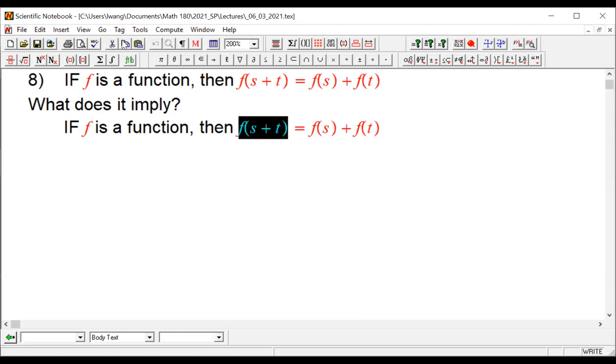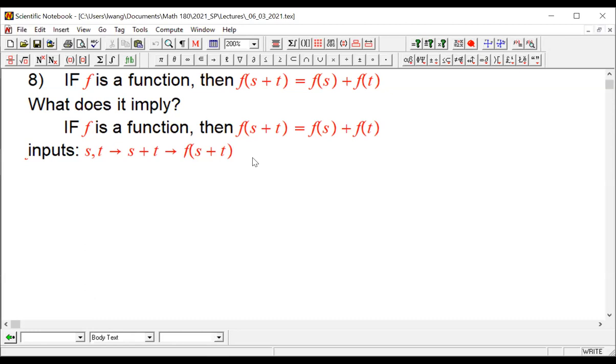How does this operate? You have input, right? So you have input s, input t, and then you're going to do s plus t.